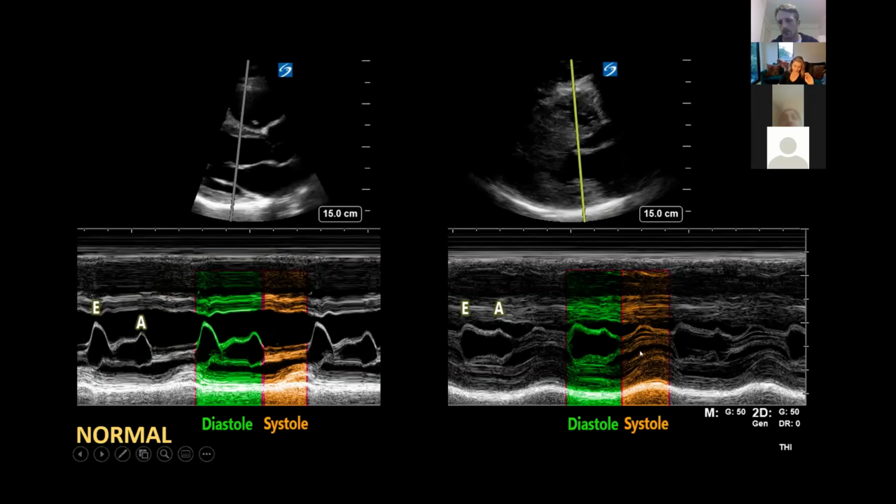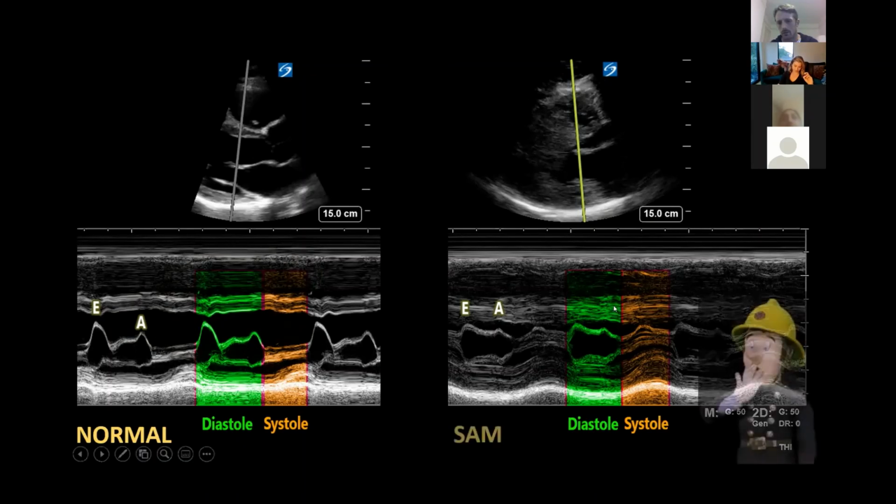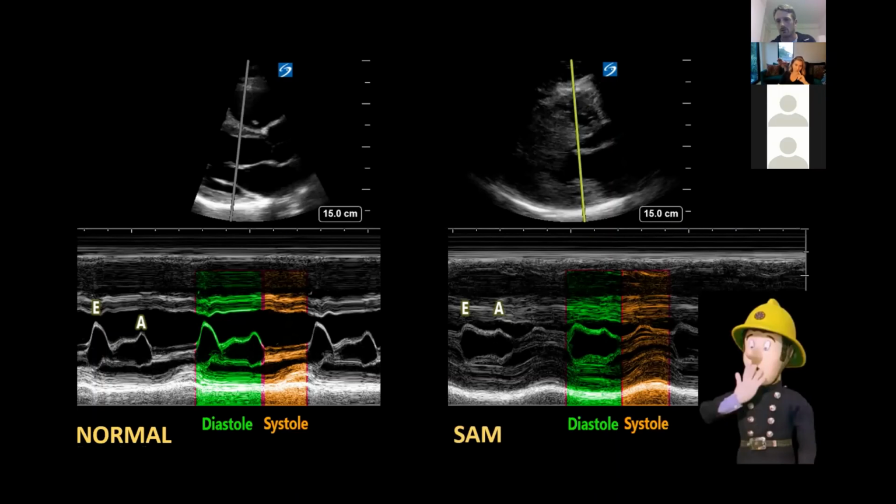So on the right, again, looking at this one, this is what we call SAM, or systolic anterior motion of the mitral valve. Okay, so during systole, the anterior mitral valve leaflet has moved anteriorly, close up to the interventricular septum. So the mitral valve is not closed, hence you get some posterior mitral regurgitation, which we saw before.